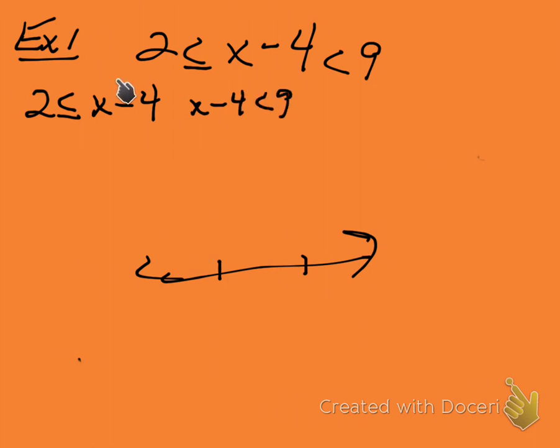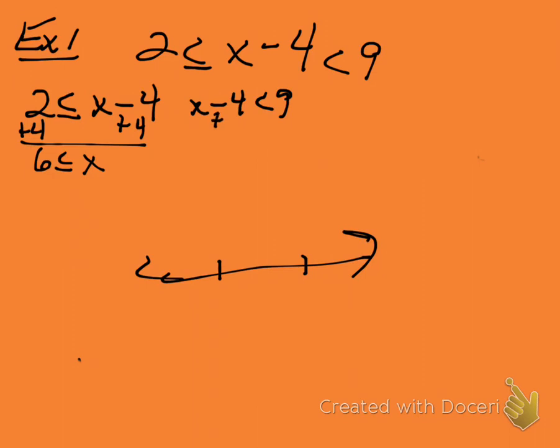So see that I took this inequality, and then I took this inequality, where I end up writing that middle one twice because it's involved with both the 2 and the 9. So first I'm going to work this one out. Let's see, I'm going to add 4 to both sides. This is just the same as any old inequality. And so your x is greater than or equal to 6.